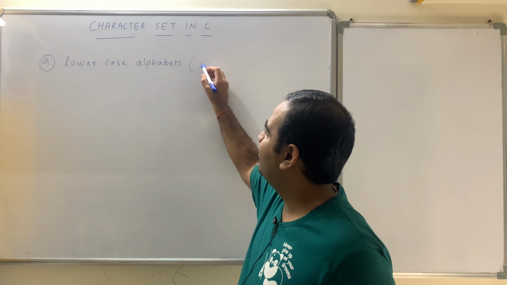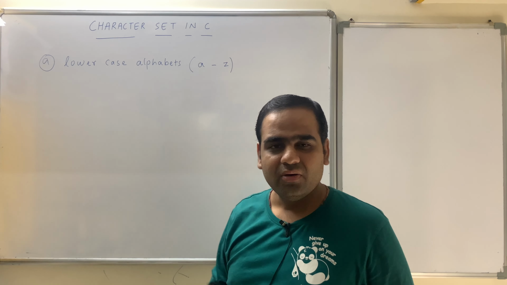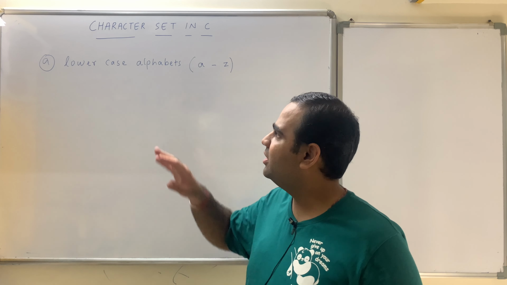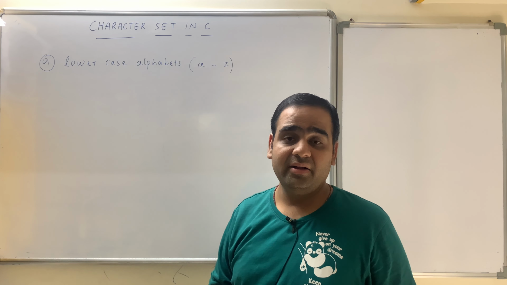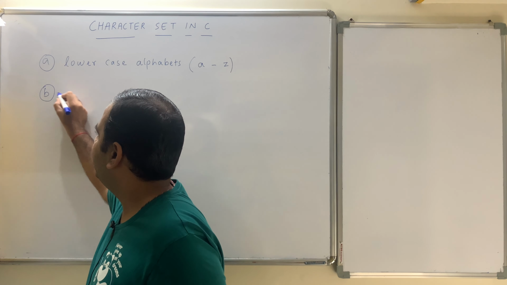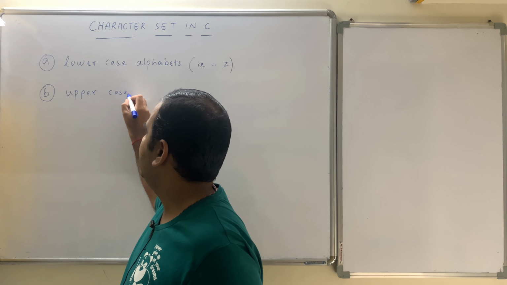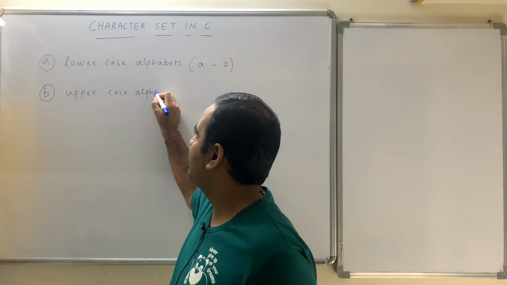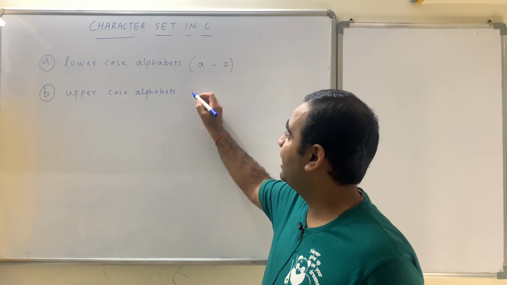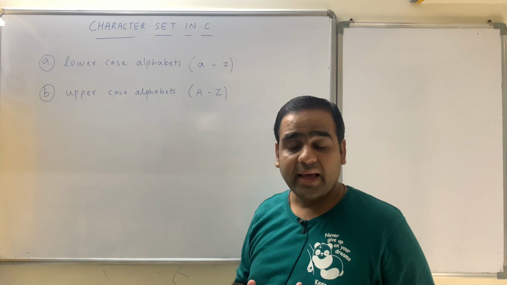Whatever we write from lowercase a to lowercase z forms the lowercase alphabets, and this is in the set of characters in the C programming language. The second thing that we have is the uppercase alphabets. Whatever we write in uppercase, that means capital, from A to Z forms the character set.